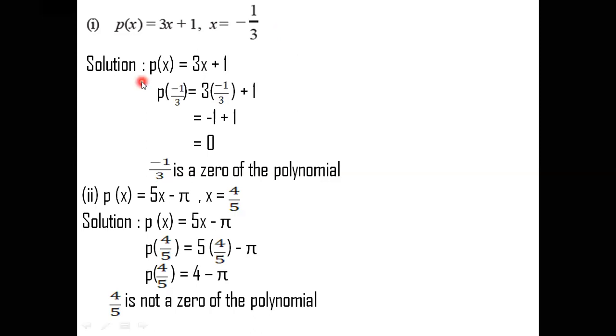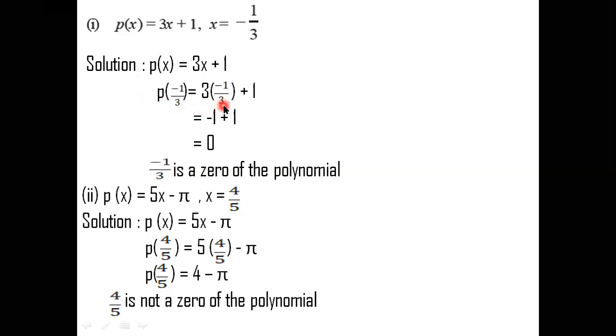As you could see over here, I've written the question first, that is P of x is equal to 3x plus 1. And in the next step, what I've done is replace x, as said in the question, by minus 1 upon 3. So P of minus 1 upon 3, here x is replaced by minus 1 upon 3, is equal to 3.